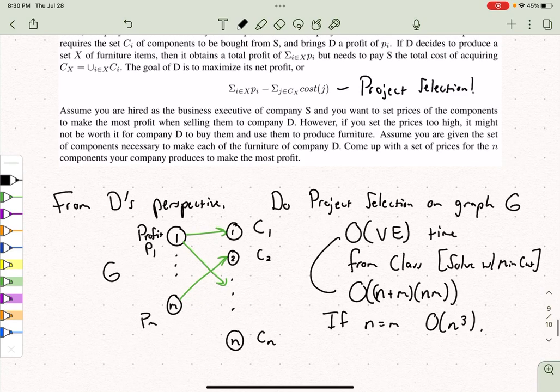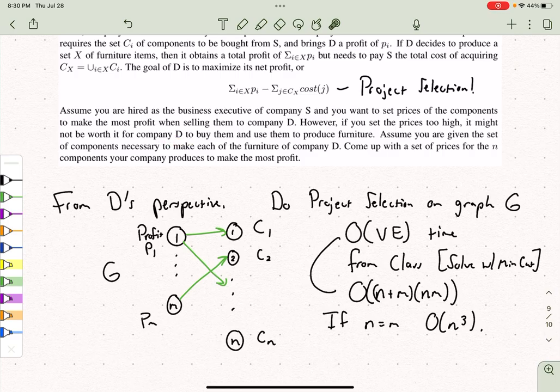Now that's from D's perspective, but that was too easy. So in this problem, you are hired as a consultant for company S, and you want to pick these prices of the components. So you're picking these cost of J's. Now, if you set the prices too high, then company D is not going to buy anything.